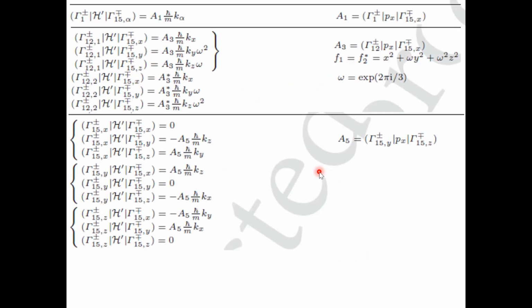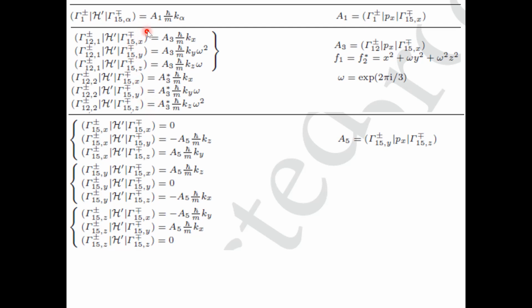So and also we mentioned that using group theory one could conclude that in many cases, most matrix elements of this type are related by symmetry.